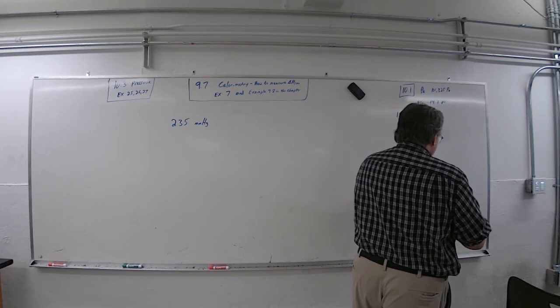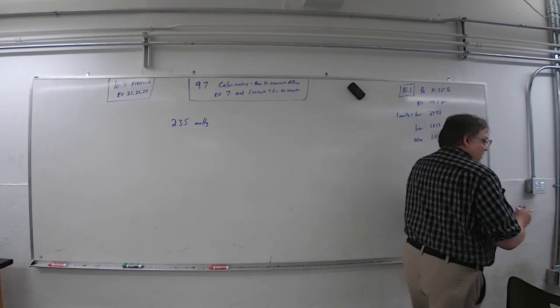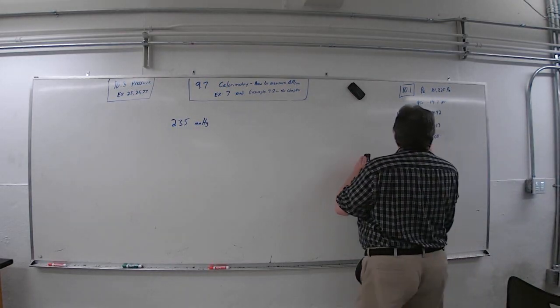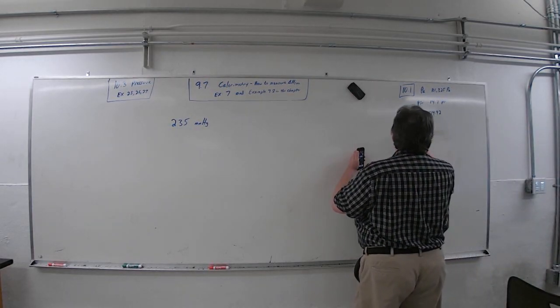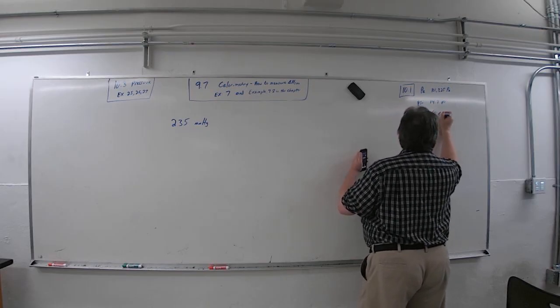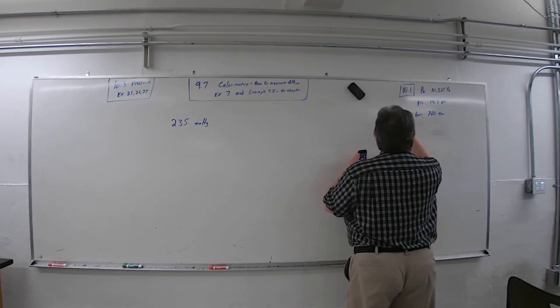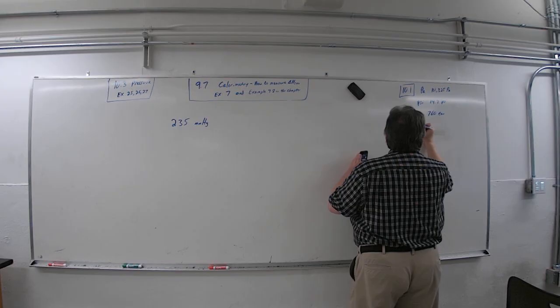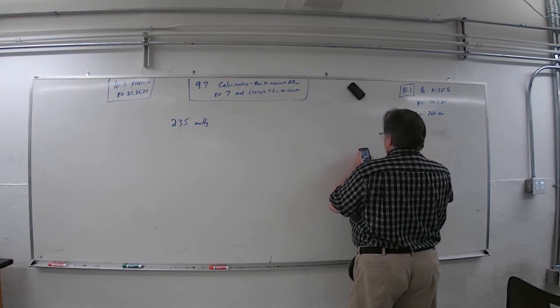Inches of mercury. Torr is 760. Torr is millimeters of mercury. There's also inches of mercury. What else?